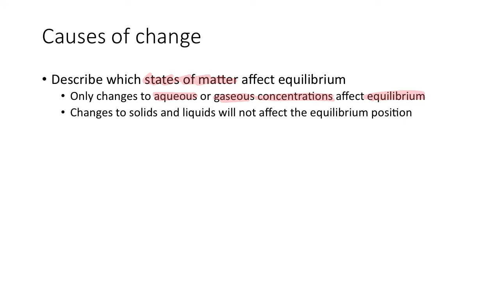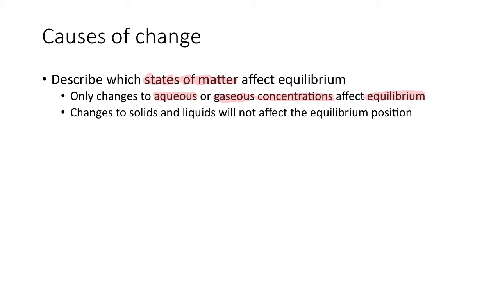So the idea is that if you have an equilibrium with a number of different states where you've got solids, aqueous, liquids, gases, if you were to add some solid to that equilibrium system, that's not going to affect that equilibrium system, right? Because you're adding a solid and it doesn't have a concentration, it's not going to affect that equilibrium system in the way that you'll end up with more or less of stuff, other than the stuff that you added.